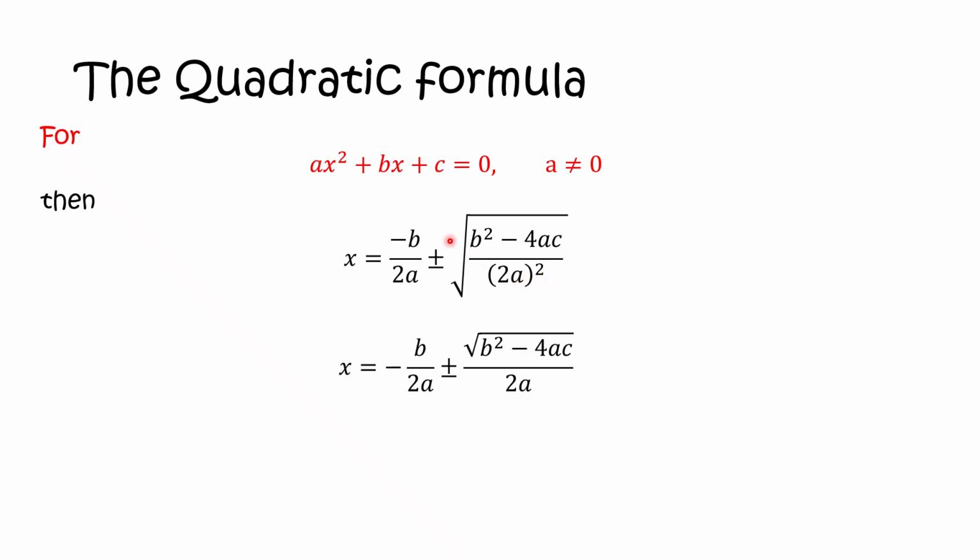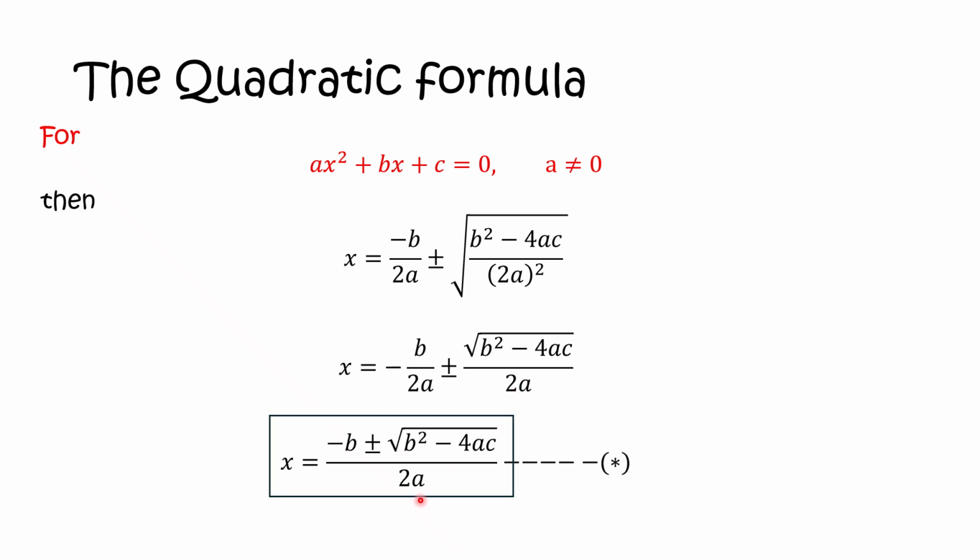So now, placing every other thing under the same denominator, we would have that, and we label that as equation star. That equation star is what is known as the quadratic formula. So we use it when we are solving all quadratic equations.